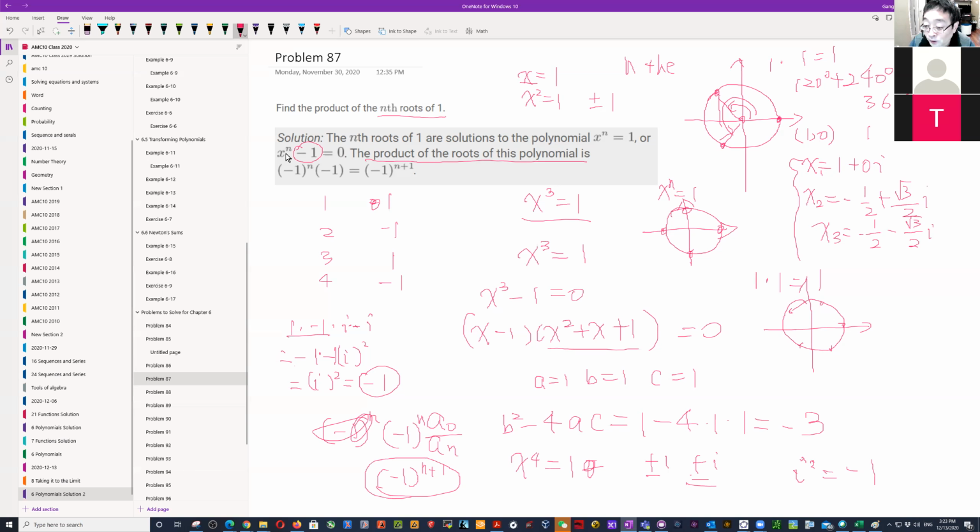The roots are all located on the unit circle of the complex plane, the circle with radius 1. The first root is always 1, 0.